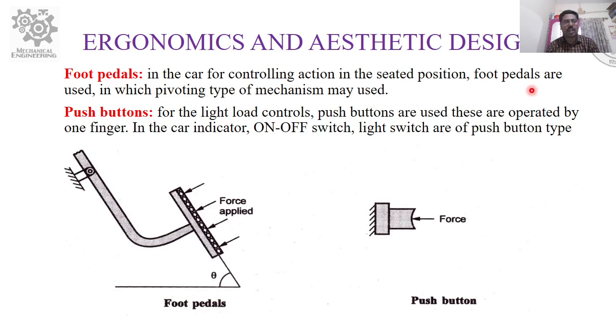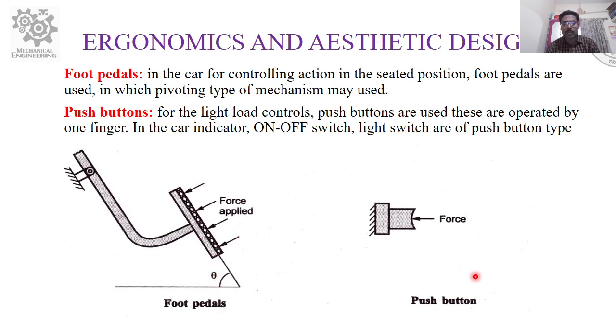The foot pedals use a pivoting type of mechanism, operated only by the leg. This is one of the fixed instruments in vehicles, and force is applied on the pedals. This is a force applying device, used at some angles to control the devices.